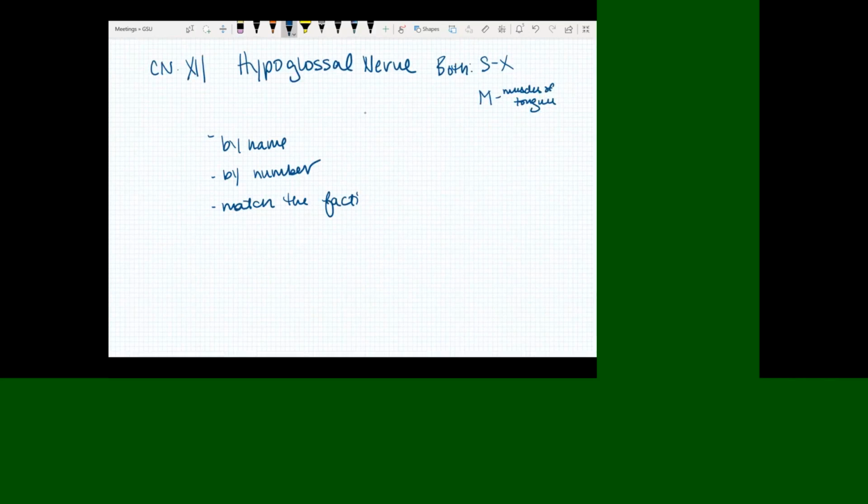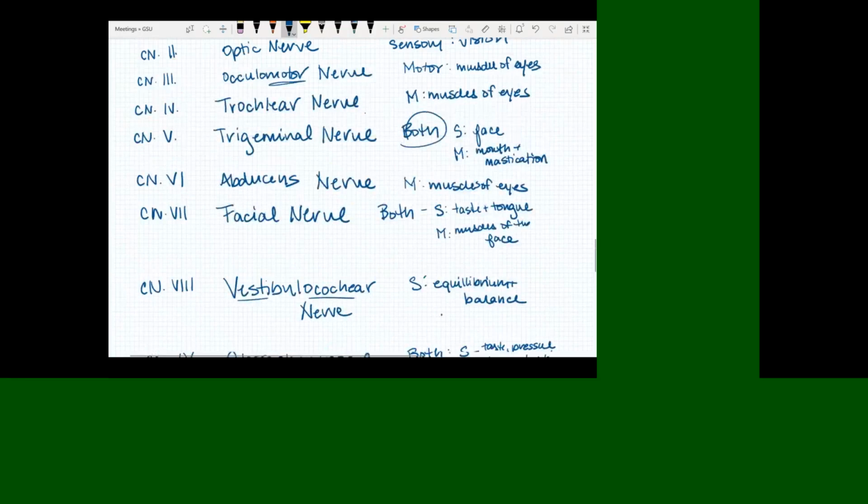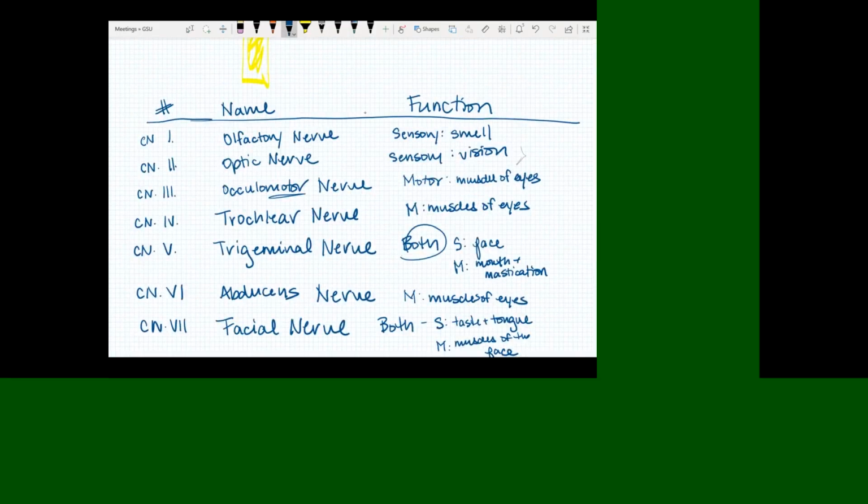So if I were to give you the function of processing visual information, we have only talked about one cranial nerve that processes visual information, and that would be the one that is processing vision. So that's the optic nerve.